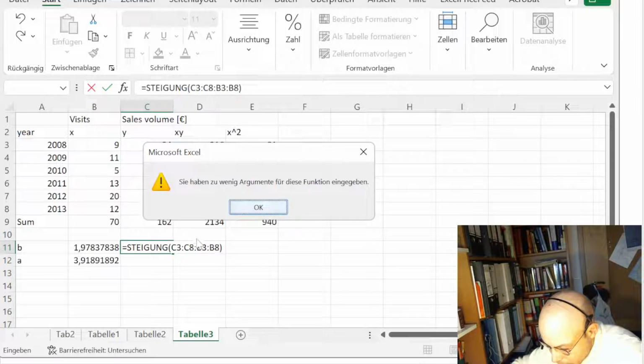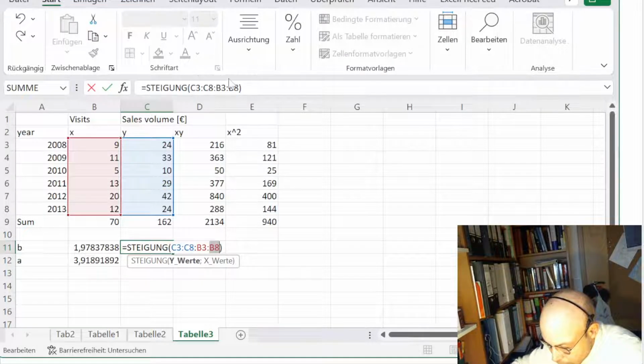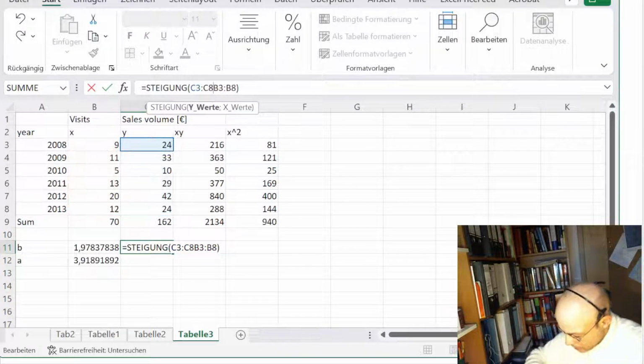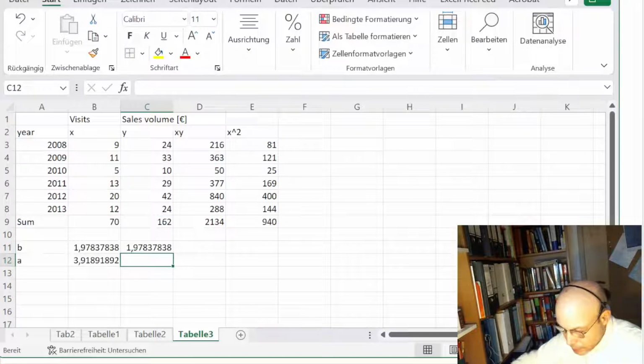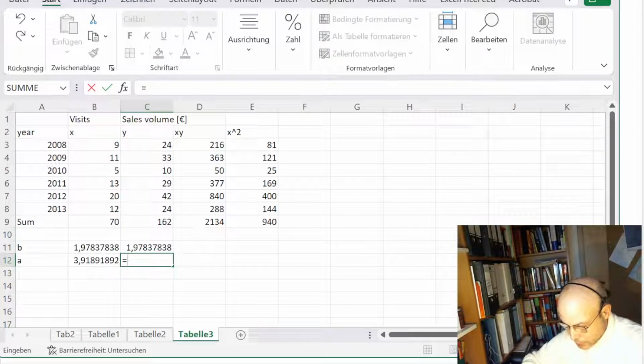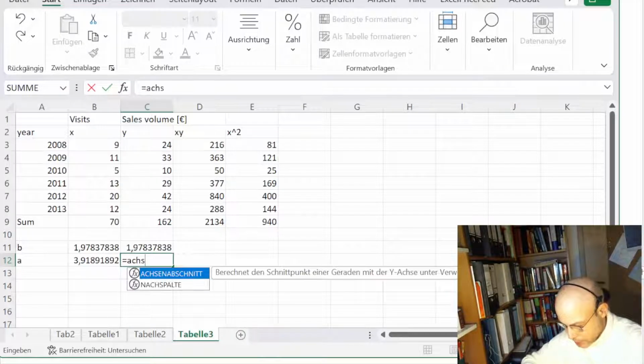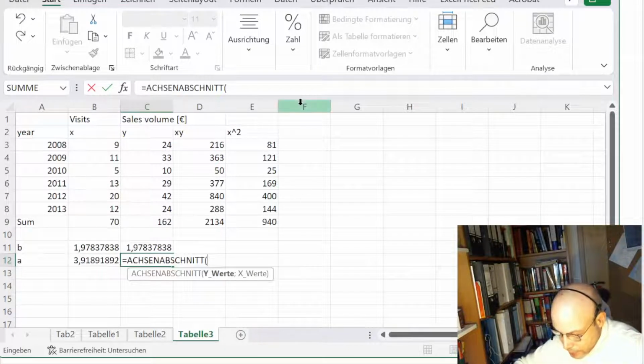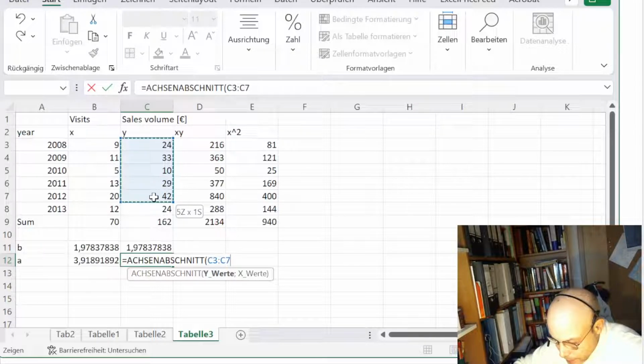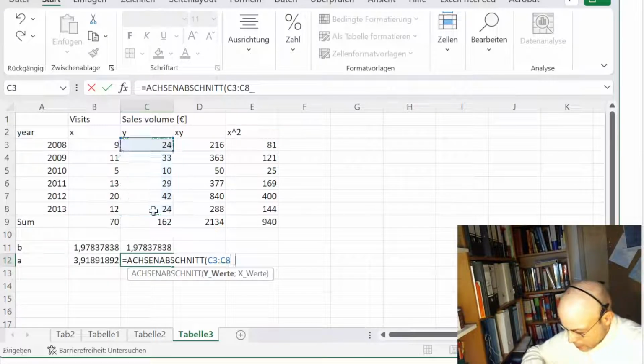Oh, here we have to use a semicolon, and this is the axis point, so we have directly this possibility.